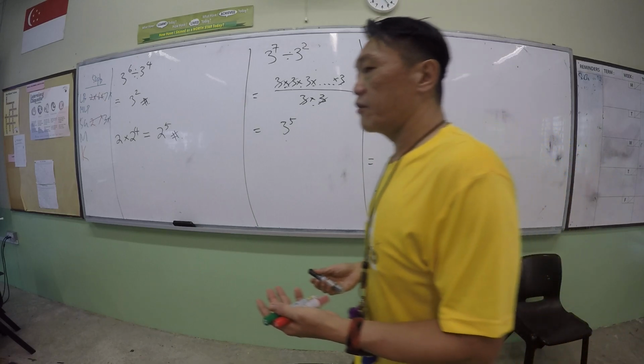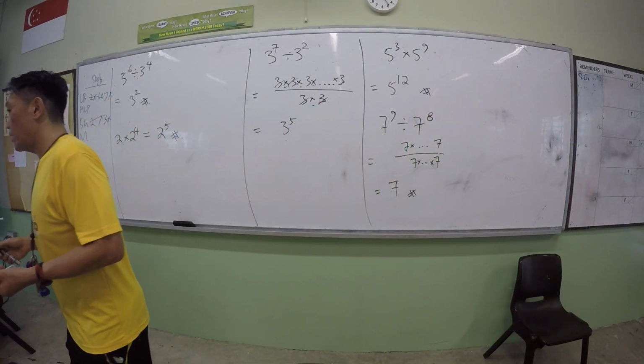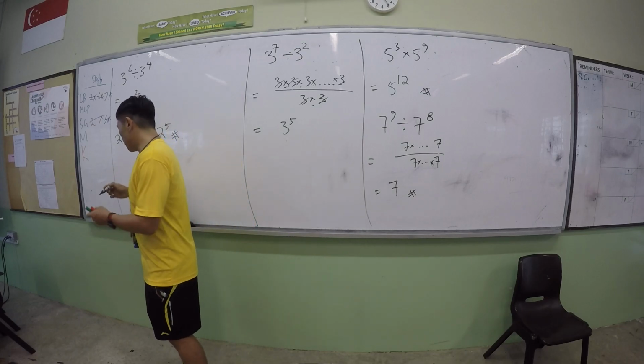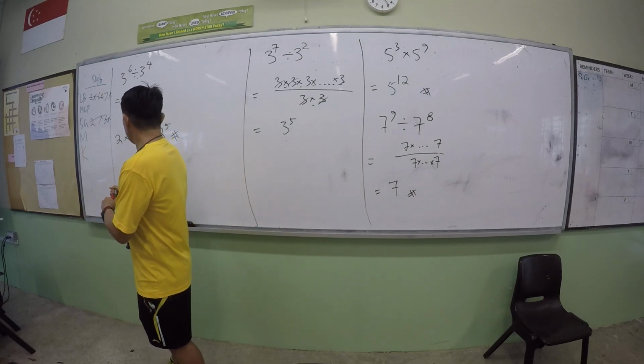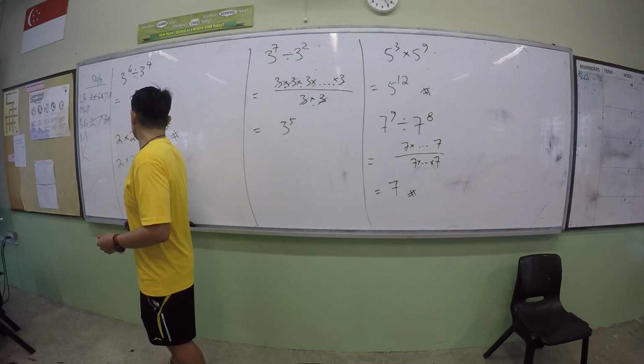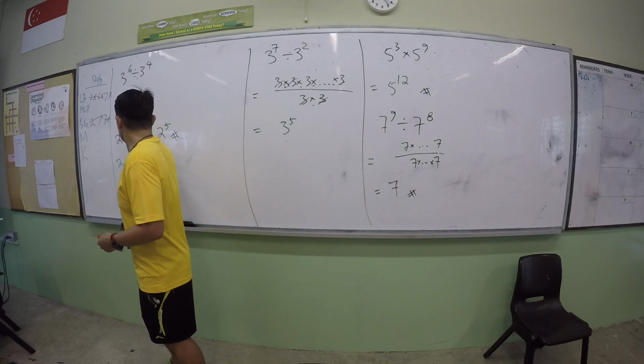No rounding off. Where got round off? Add the power. Because if I go through in my mind, I will be thinking this is 2. 2 to the power of 4 is actually 2 times 2 times 2 times 2.